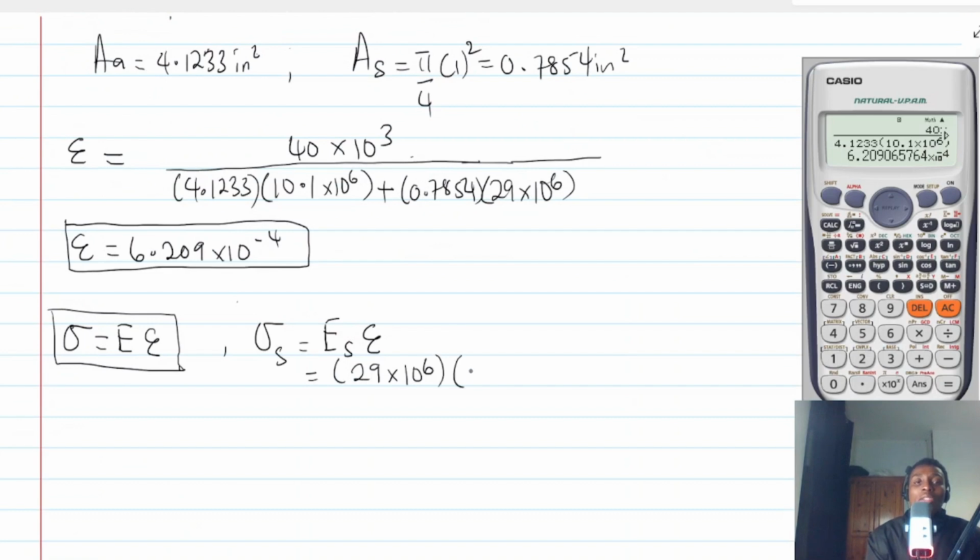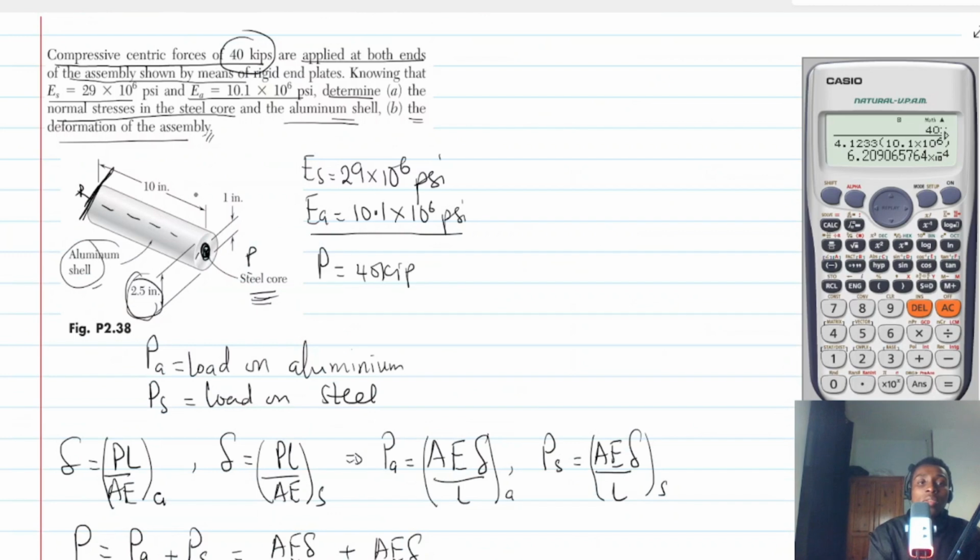Then we multiply it by the strain, which is 6.209 times 10 to the power minus 4. But there was supposed to be a negative sign. Why? Because this load is going to cause a compressive stress on the structure. So it's supposed to be minus, actually.